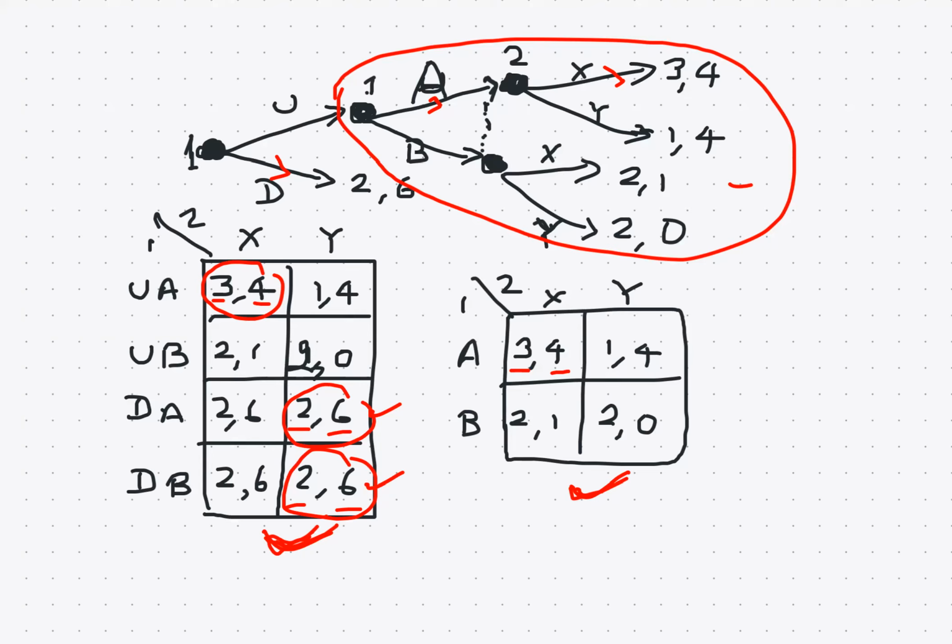In particular, DAY stipulates that AY be played in the proper subgame, but AY is not an equilibrium. Additionally, DBY specifies that B and Y be played in the subgame, but BY is not an equilibrium.